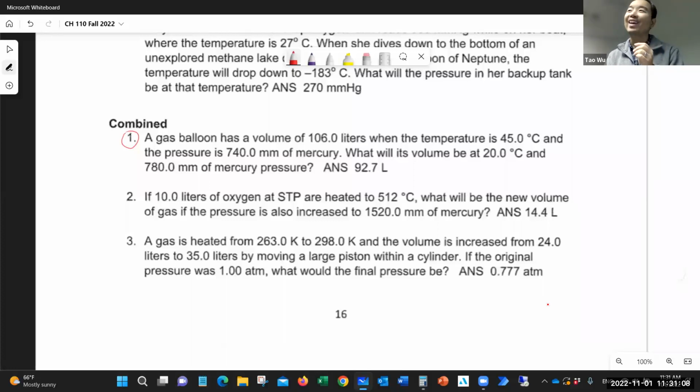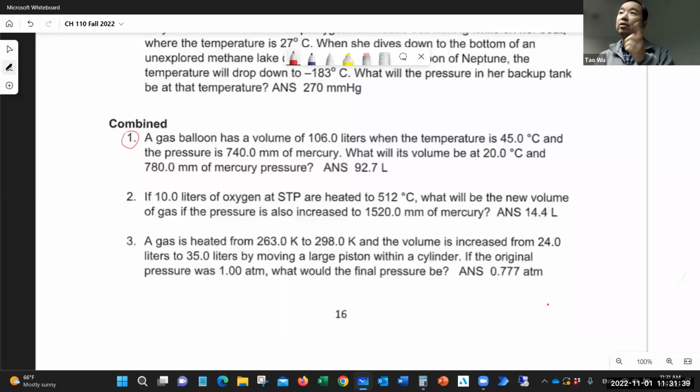But the problem is, in the questions, I don't know which equation I'm going to use. There are a lot of equations we probably can use, but when I raise these questions, what kind of equation do I need to use? That's going to be a problem. That makes sense, right?